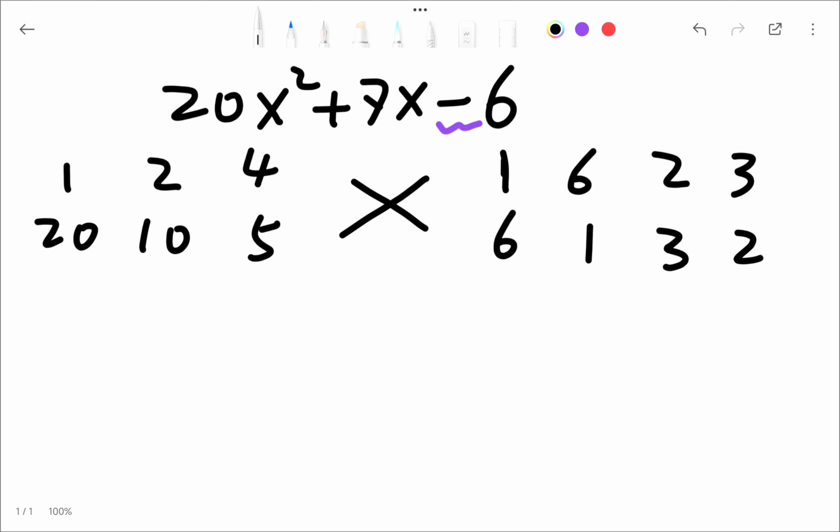Knowing c is negative, one of the factors of c has got to be negative as well. So instead of looking for the sum of the cross multiply of these positive factors, we are actually looking at the difference of the cross multiply. This only works if c is a negative number.